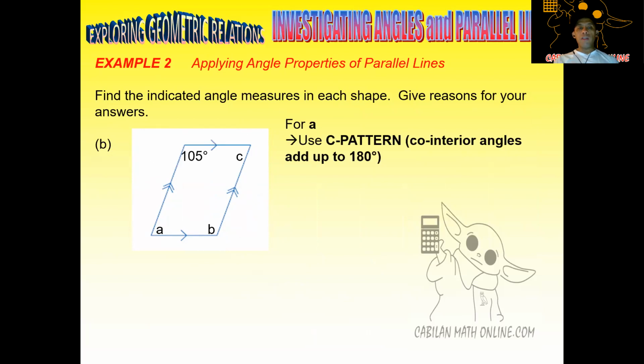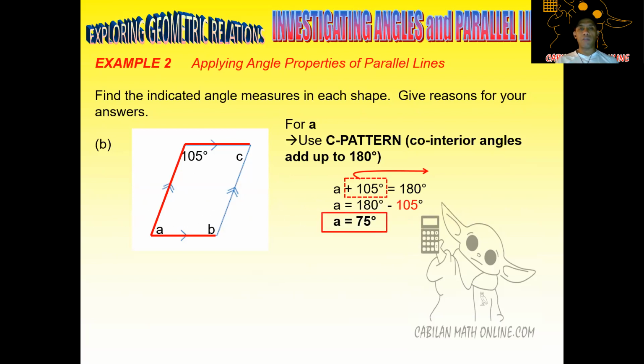For angle A, we're going to use a C pattern. Remember that the two angles that make up the C pattern add up to 180. So we take the 105, subtract that from 180, and that gives us an angle measure of 75 degrees for angle A.